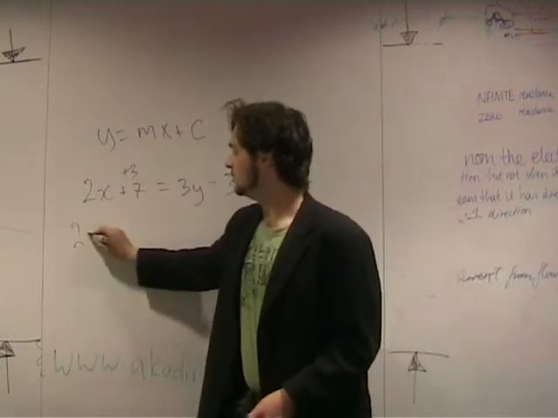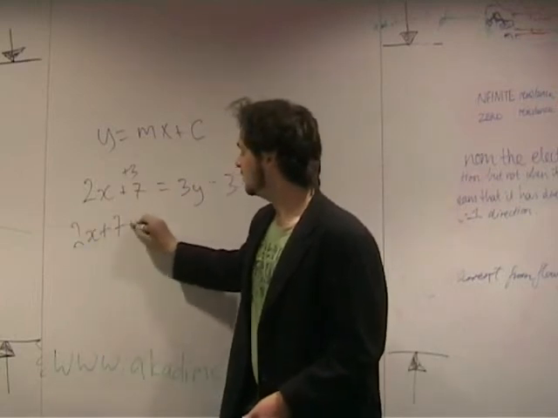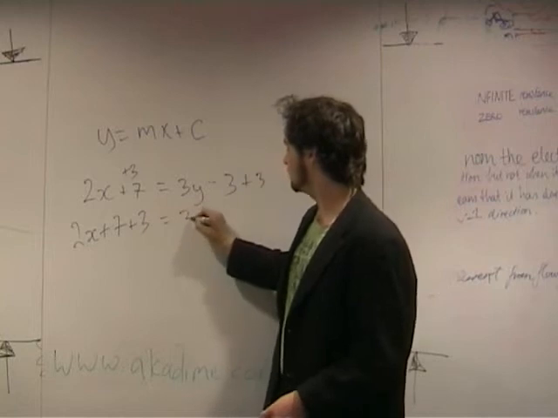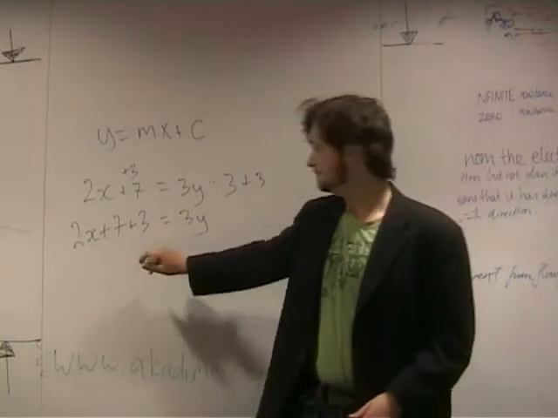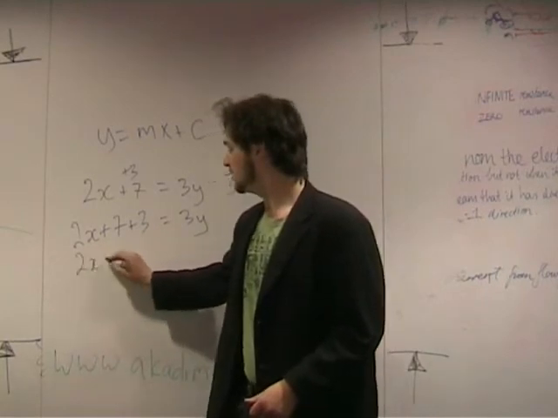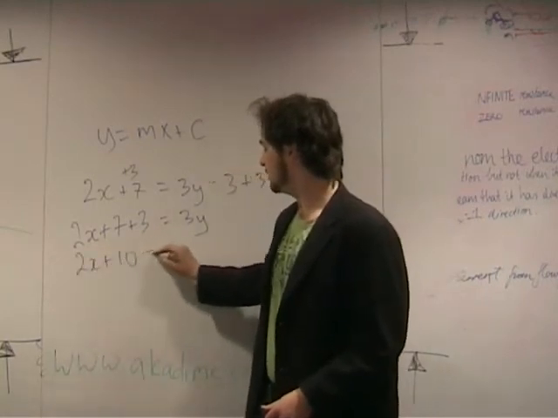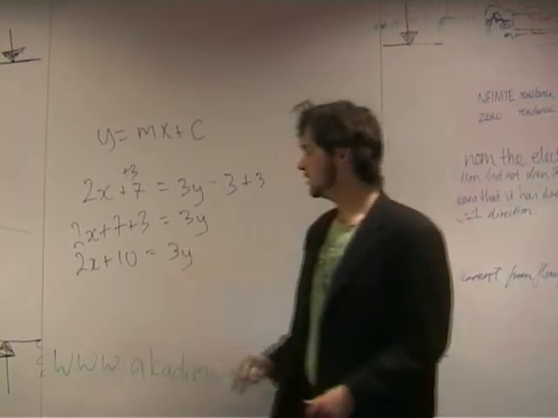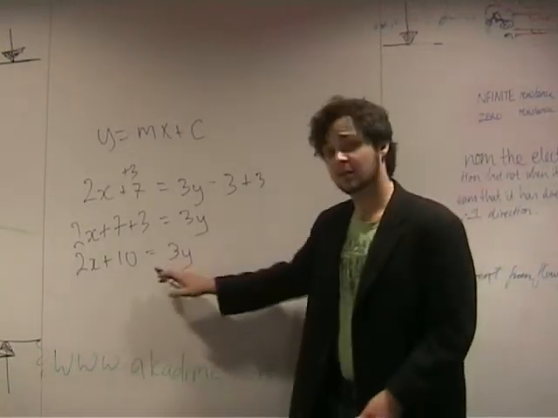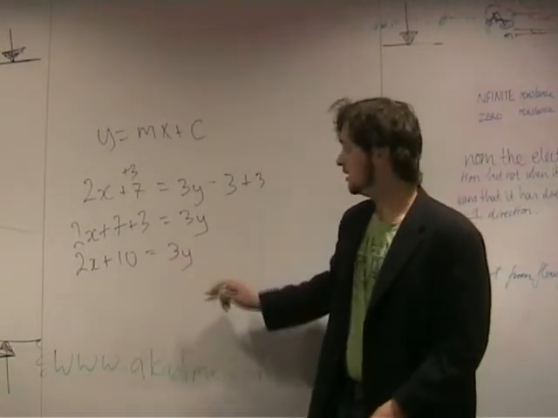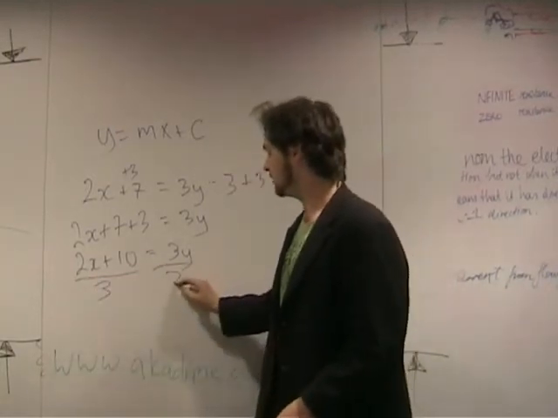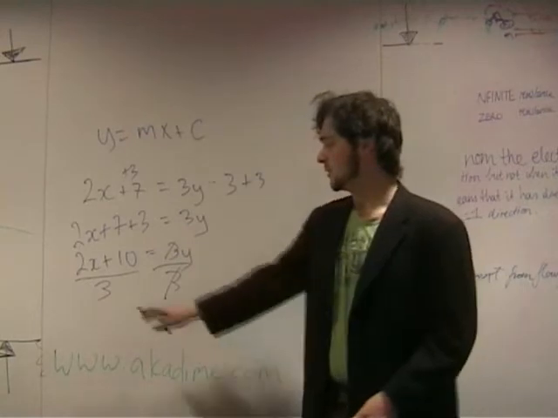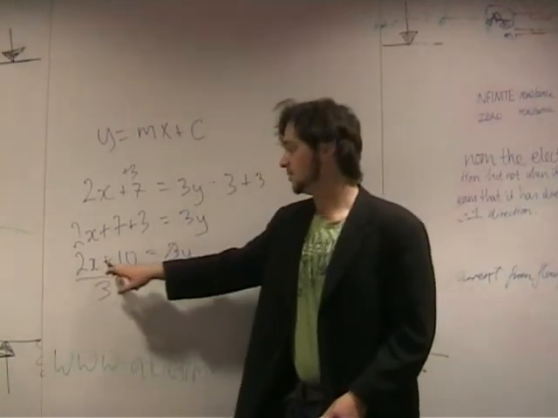So we've got 2x plus 7 plus 3 equals 3y. 7 plus 3 is 10, so we go 2x plus 10 equals 3y. Now we've got to get rid of the 3 in front of the y to get the y by itself. So we divide this by 3, divide that by 3, those cancel out. So we end up with 2x plus 10 over 3.